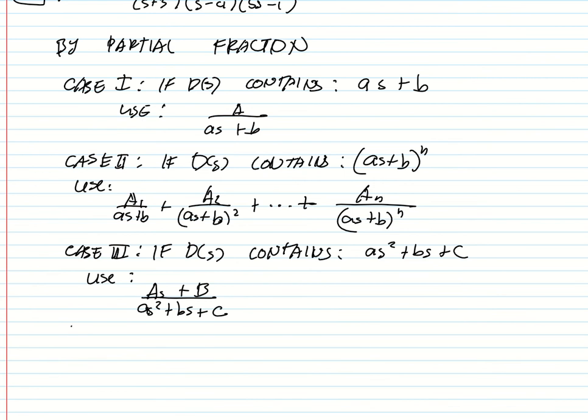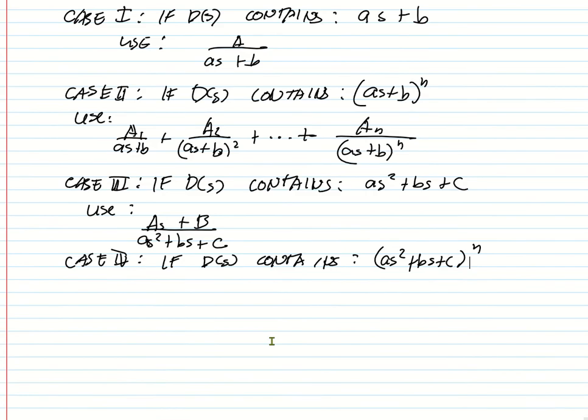Then finally, for case number 4, if it's a repeated quadratic, if the denominator contains as squared plus bs plus c, but this is now repeated, raised to n.